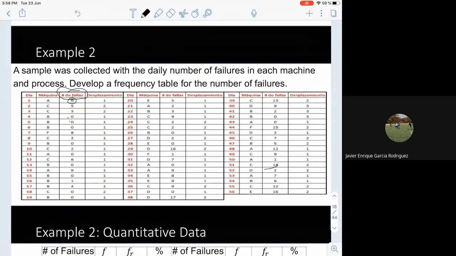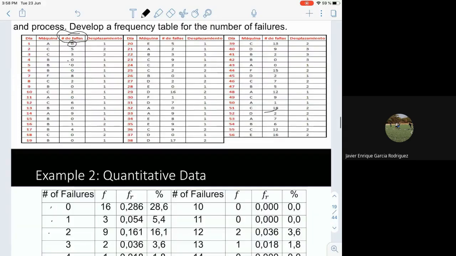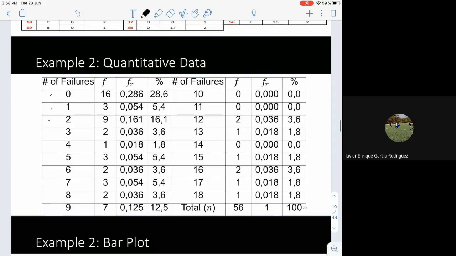It looks like it is 18, right? The maximum number of failures. Yes. So for each number of failures, you can compute or find the absolute frequency, the number of occurrences of the variable. So here we have number of failures, 0, 1, 2, 3, up to 18, right here. That's the last value.